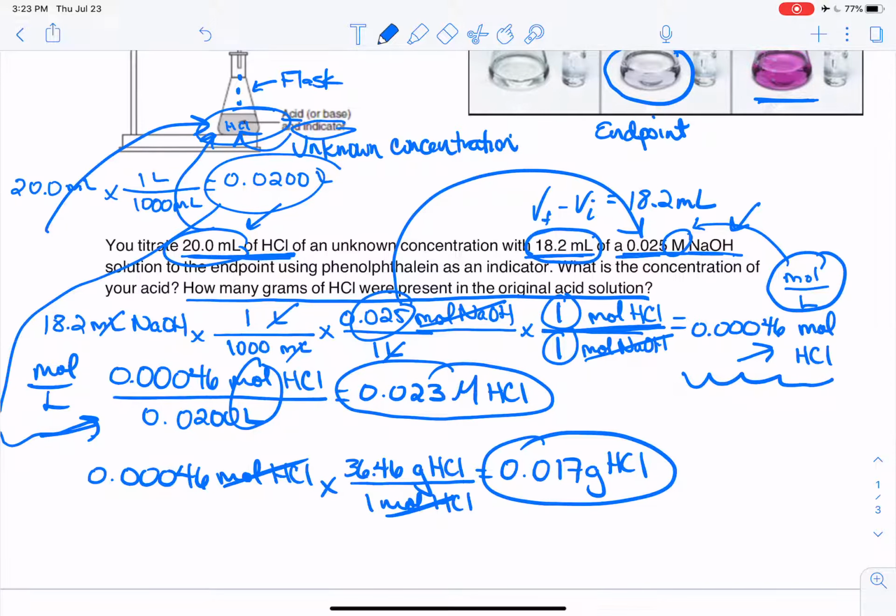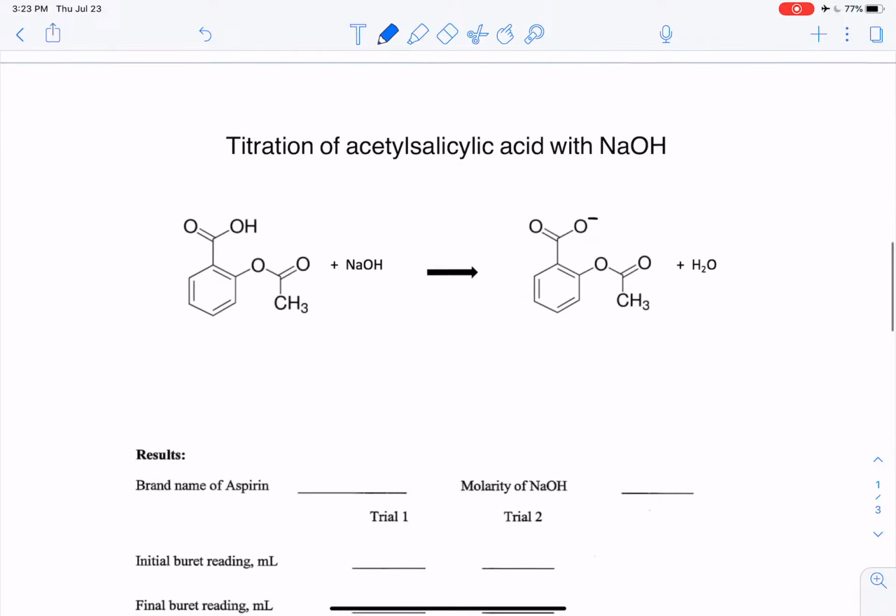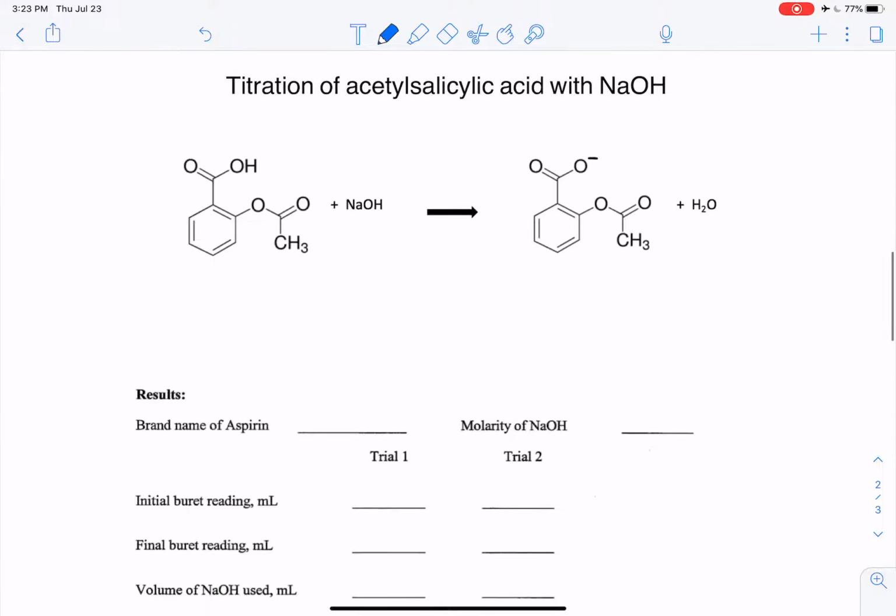Okay, so that was our example problem. So let's move on to what the lab is actually doing. So the lab is titrating acetylsalicylic acid, which is aspirin, with sodium hydroxide. We're going to abbreviate acetylsalicylic acid as ASA because I don't want to keep writing that over and over again.